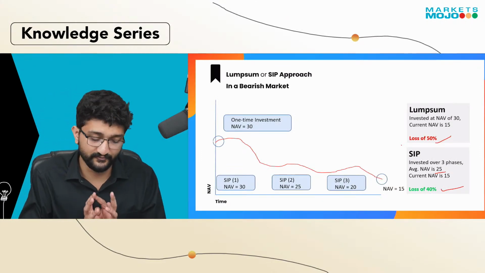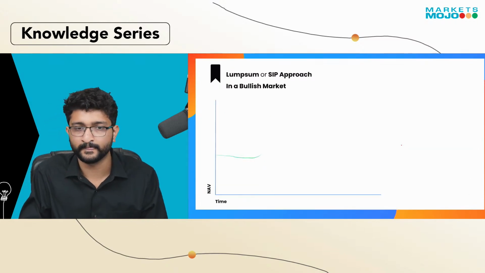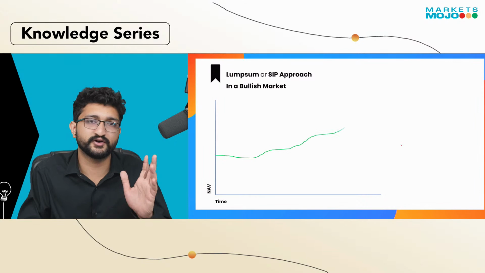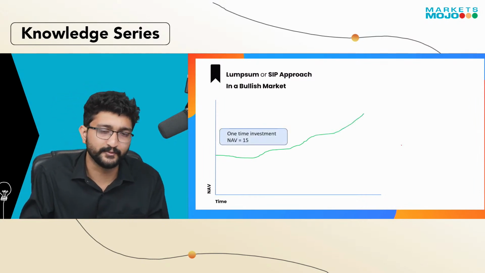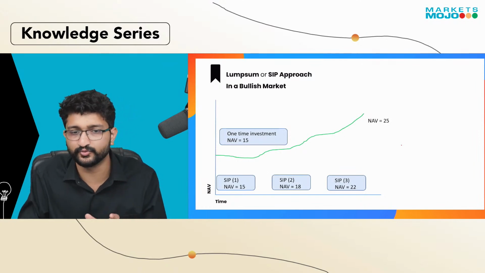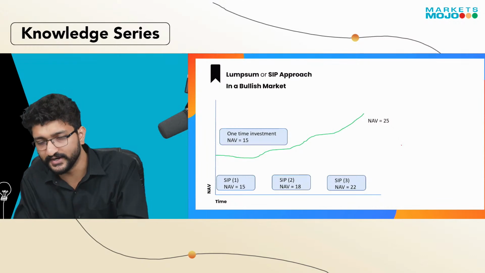But if you are convinced that this is a good structural bull run, let's look at a bullish market, for example. Okay, same chart flipped upwards. If you go for a one-time investment, let's say you're entering at the NAV of 15, versus an SIP approach, which is 15, then you're buying higher at 18 and buying higher at 22.